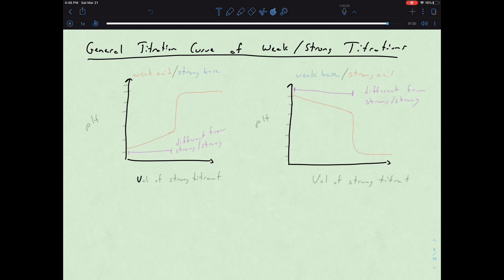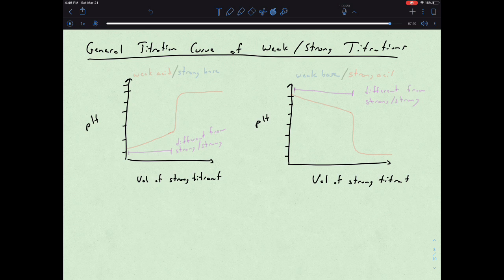So if we have the volume of our strong titrant on the x-axis, and obviously our pH on the y-axis, we find that these curves look subtly different.